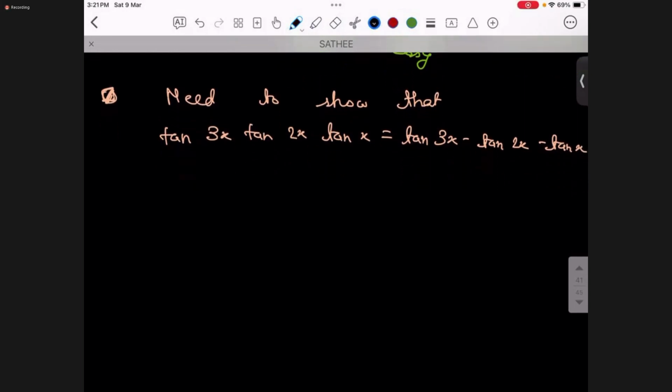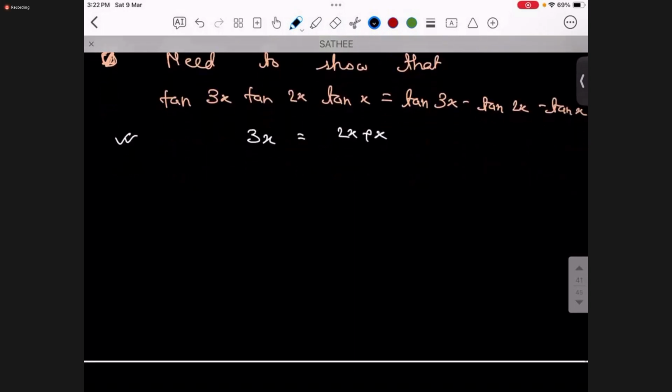Let's start from 3x. We can write 3x equals 2x plus x. So tan 3x will give us tan(2x plus x). Now we can apply the tan(a+b) formula, or tan(x+y) formula.